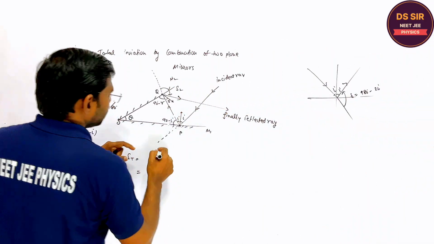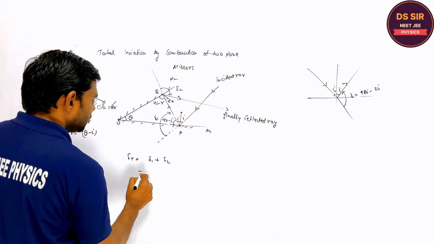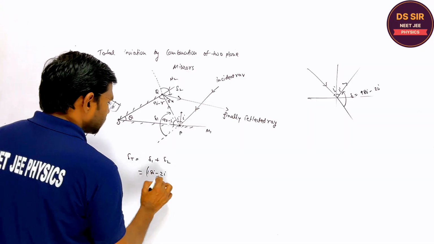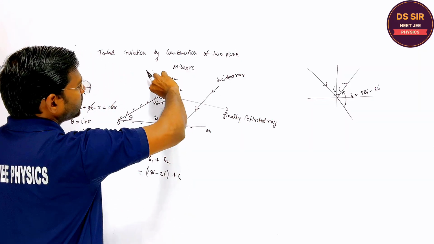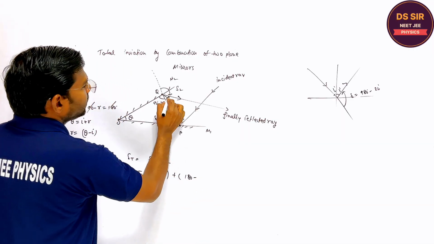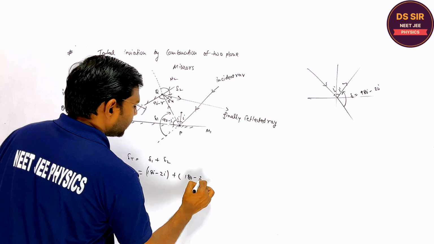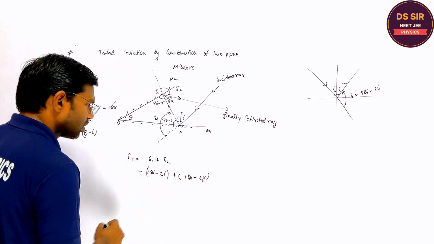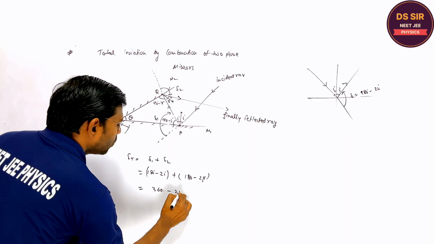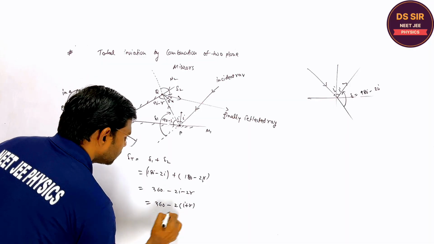So the first deviation by mirror 1 is 180 minus 2I, plus the deviation produced by the second mirror, 180 minus 2R, where the incident angle is R. So it is 180 plus 180, that is 360, minus 2I minus 2R, which is 360 minus 2 times (I plus R). Is it clear or not?